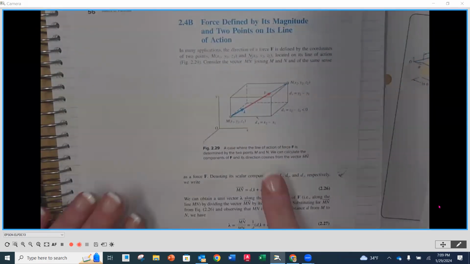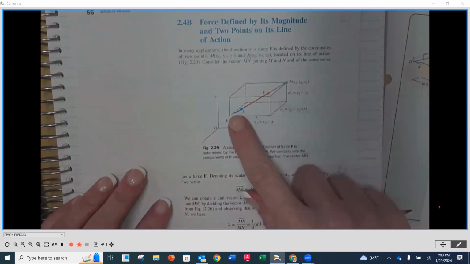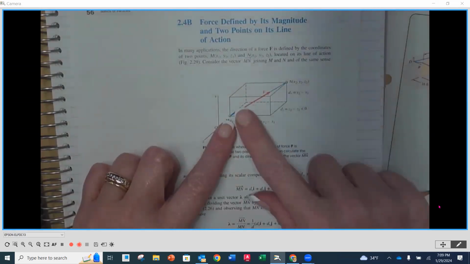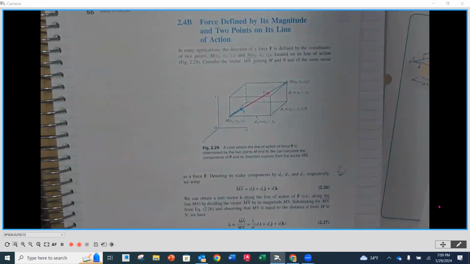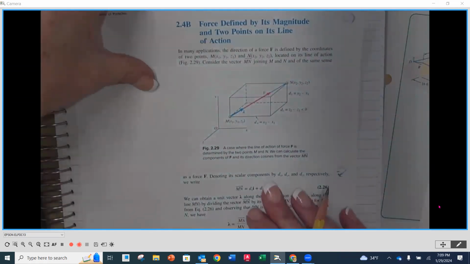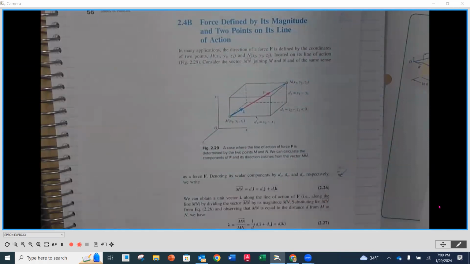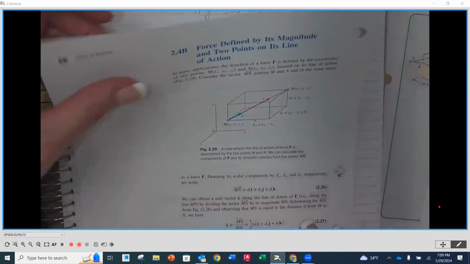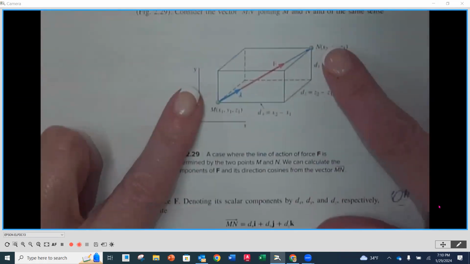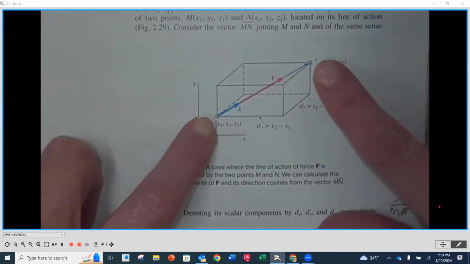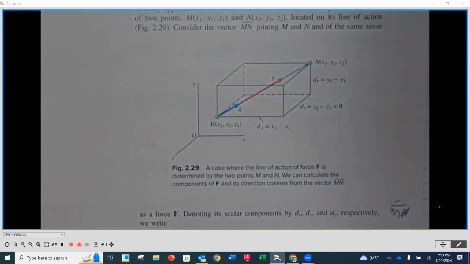So you'll notice that we can find the line of action of a force if we know 2 points in space, X, Y, and Z for each one of those. Along here, I'm going to go back up here, we have a distance of MN. And this is going across the actual cube, from one corner to another.